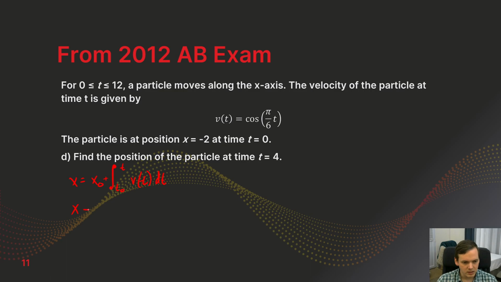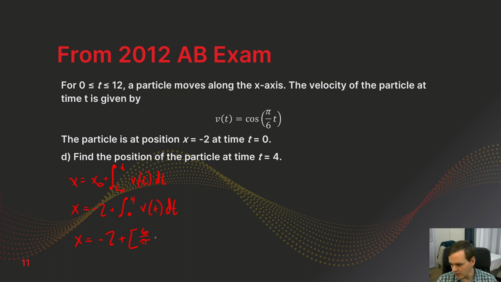So x is equal to the initial position, which we know is -2, plus the integral from 0 to 4 of v of t. That's just a simple u-substitution integral, so I'm going to skip over doing that. If you need help working it out, let me know.